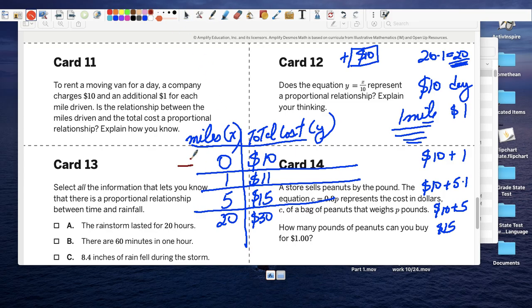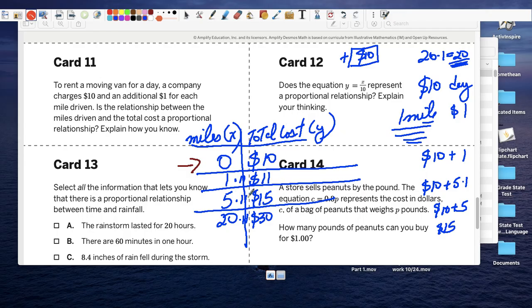Well, first hint that it's not proportional is that when you drove 0 miles, you still paid $10. So that's number 1. That tells you it's not proportional. Number 2, let's check for constant proportionality. Well, 1 times 11 is 11, so this should be times 11, and this should be times 11. Same constant proportionality, right? There should be the same ratio between the total cost and the miles.